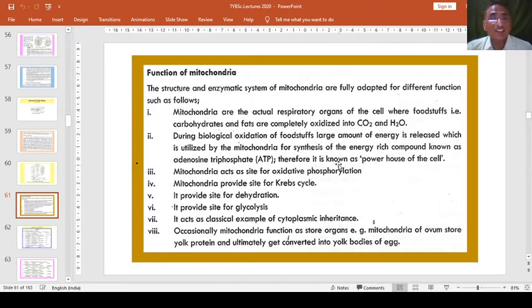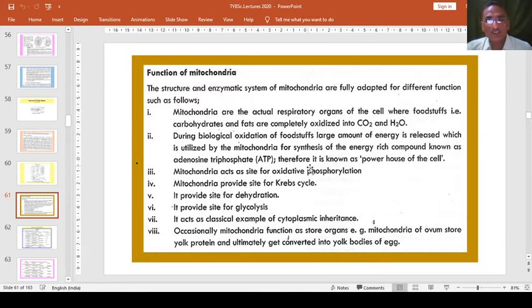We have also studied the functions of mitochondria in the previous lecture. These are the actual respiratory organs of the cell. They can metabolize foodstuffs by oxidation. They also create energy which is released in the form of ATP. It acts as a site of oxidative phosphorylation.